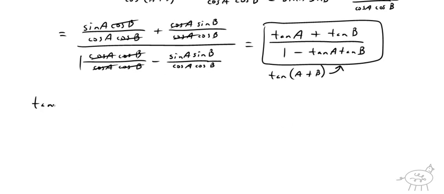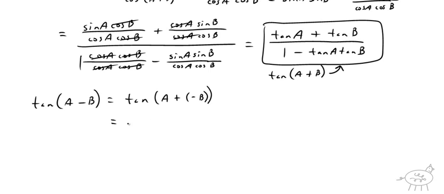Let's really quickly do tangent of A minus B. Well, how do you think we're going to do that? Just like we did with sine and cosine, we substitute. It's going to be tangent of A plus a negative B, right? Guys agree with that? So we're going to put a negative B wherever we see that.